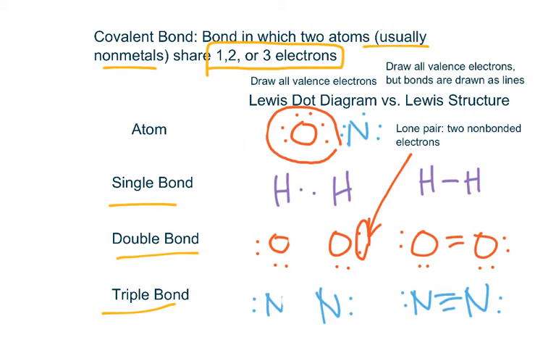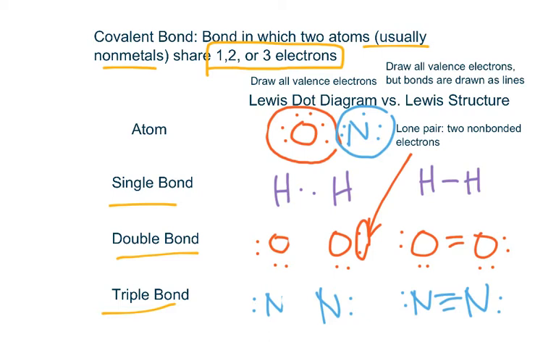Meanwhile, something like nitrogen would have 5 valence electrons due to its electron configuration. And as you can see, each dot represents 1 valence electron, and we typically write the electrons in pairs before moving on to another pair. To see how I paired them up like this, well, that's what Lewis dot diagrams are.